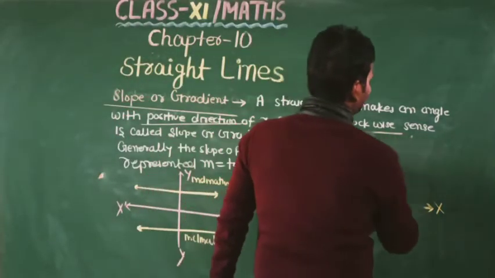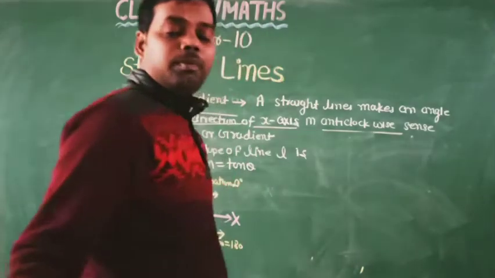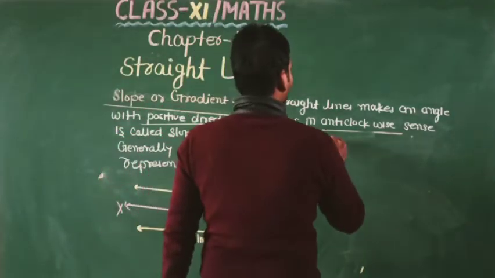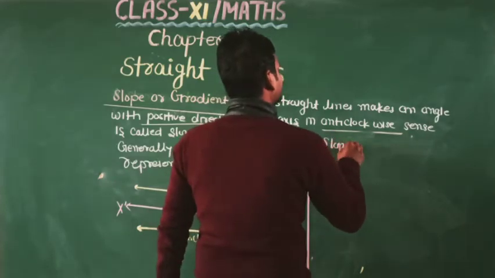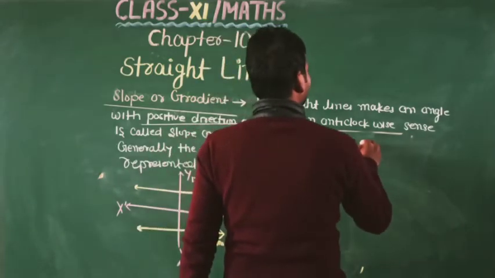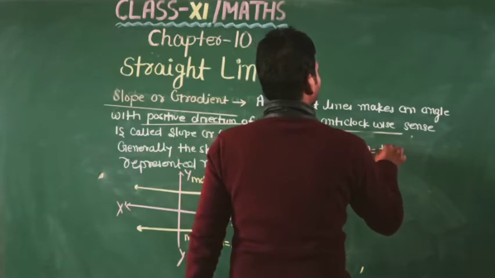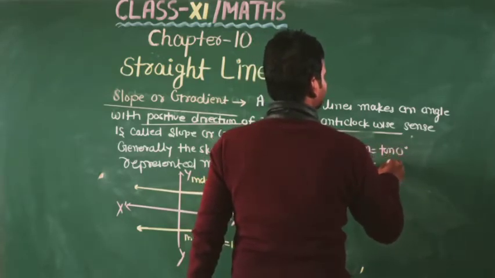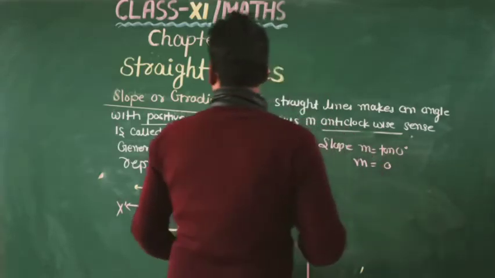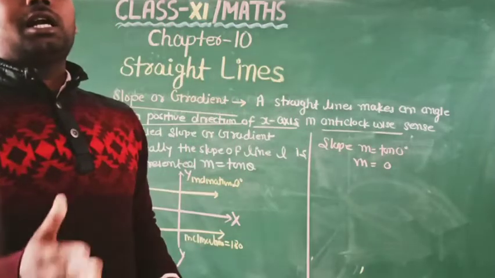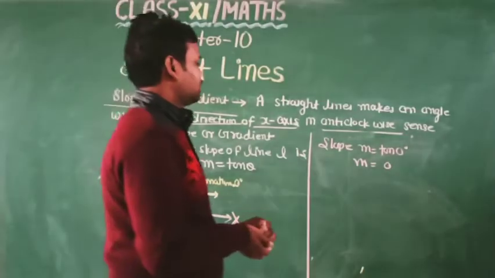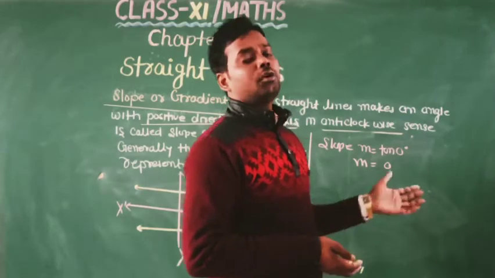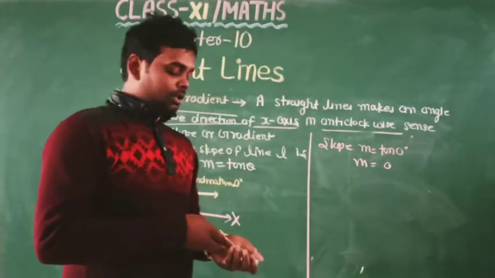In this case, the slope of the line is m equal to tan 0 degree, which is 0. So when a line is parallel to x-axis or lies on x-axis, the slope of the line is 0.